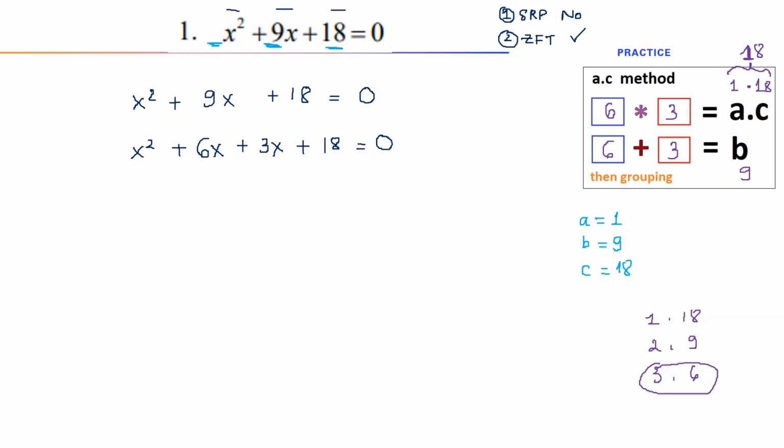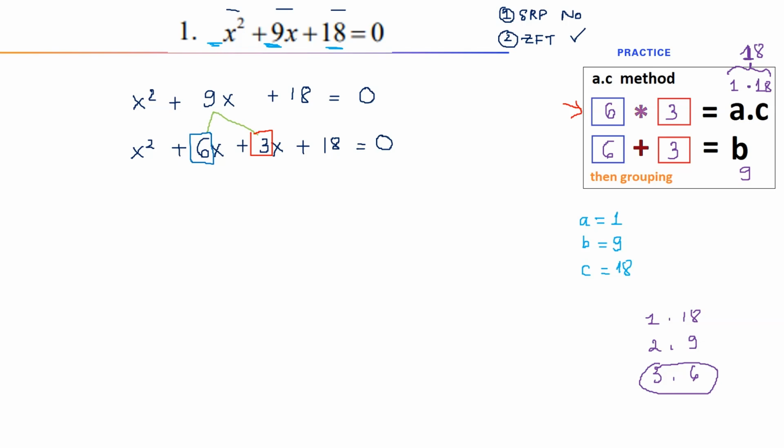Here is the number 6, and the number 3 right here. That's how we find the color code. The first number for the blue box is 6, and the red box is 3, right? And they combine: 6x plus 3x is 9x.